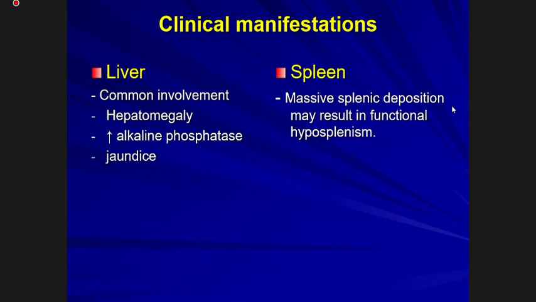You can see an increase in ALP. So the damage in the liver is more obstructive in nature. But of course, eventually, because there is direct toxicity, you might also have damage to the hepatocytes as well. But the initial one is more obstructive in nature.